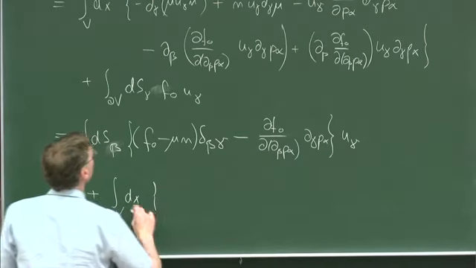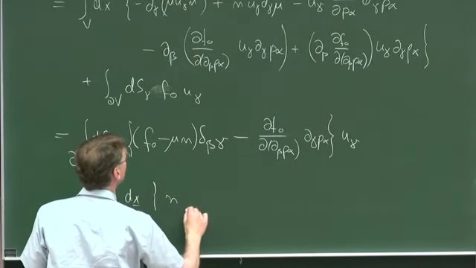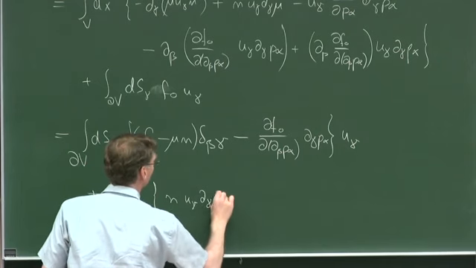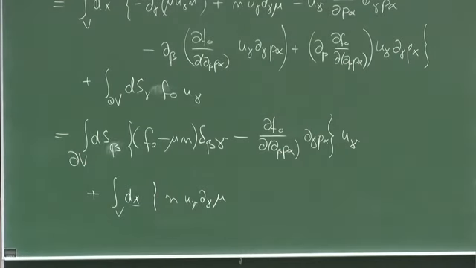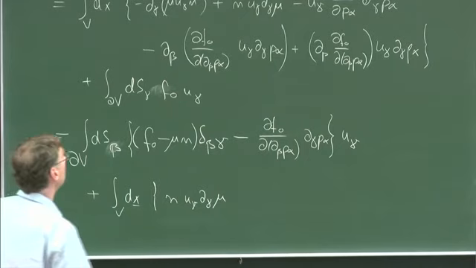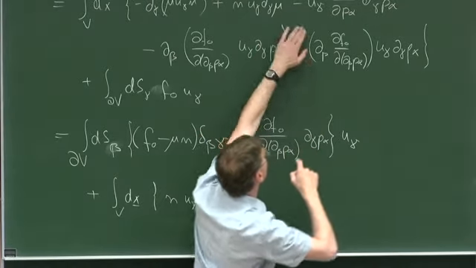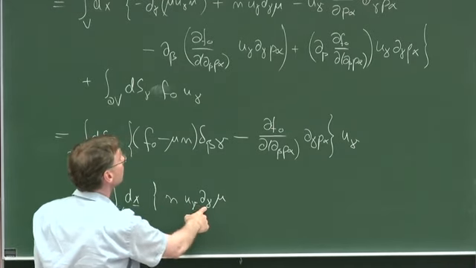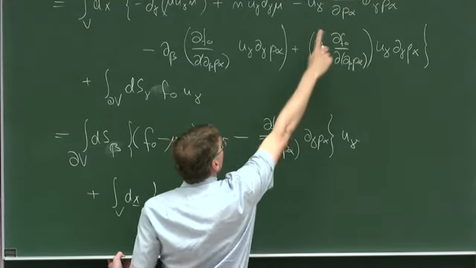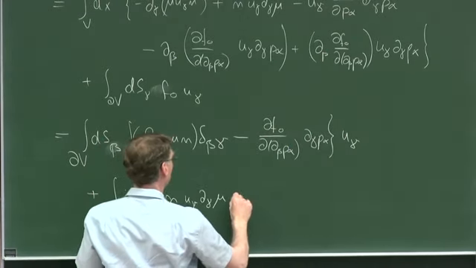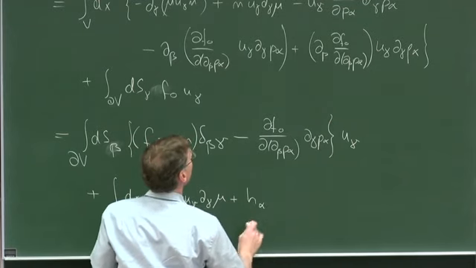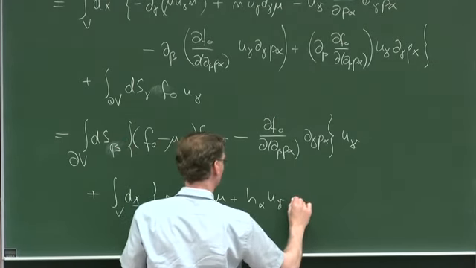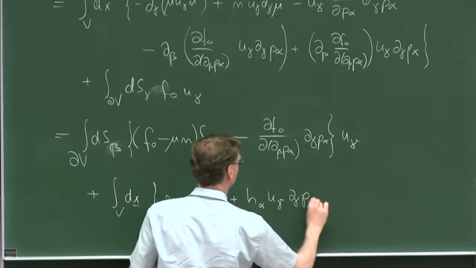And then I have to add finally the volume terms. So I have n u_γ ∂_γ μ. That's one term. And then I have these two terms. They also have the same u_γ in here, and they have a ∂_γ p_α, and the term in front of that is nothing but h. So this is plus h_α, the molecular field, times u_γ times ∂_γ p_α.